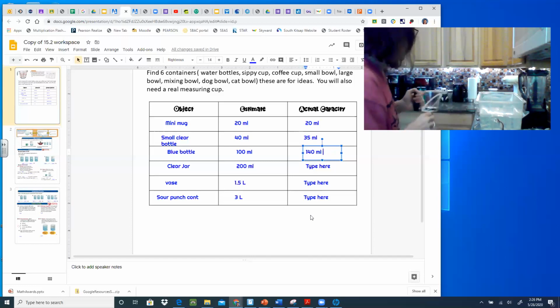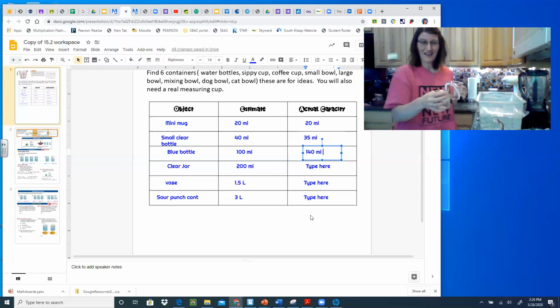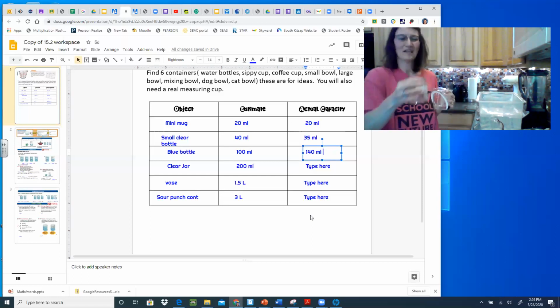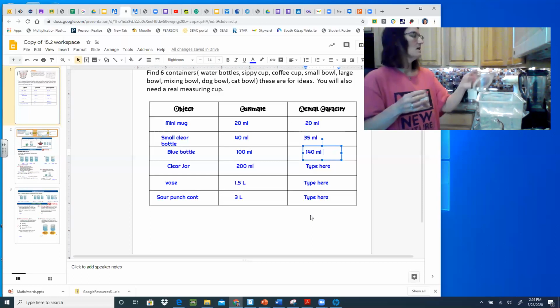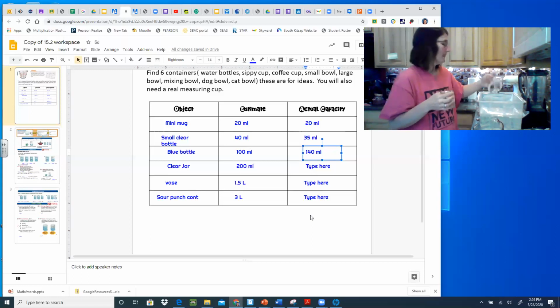Alrighty, so now it's time for this guy. Knowing that that guy held 140, I think my guess of 200 is probably off. So I'm going to fill this up to 400 this time.